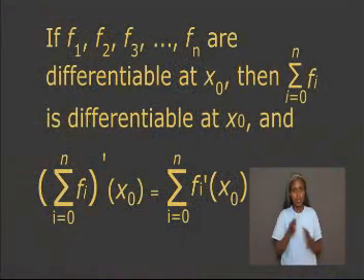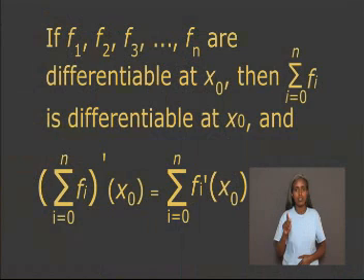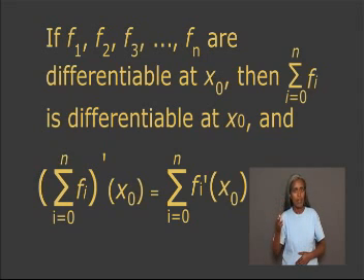If f1, f2, f3, and so on to fn are differentiable at x0, then the sum of fi over all i with an index of 1 to n is differentiable at x0.